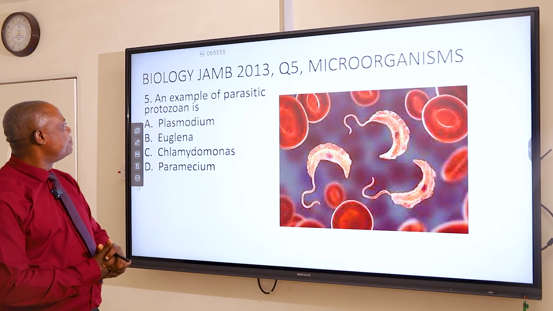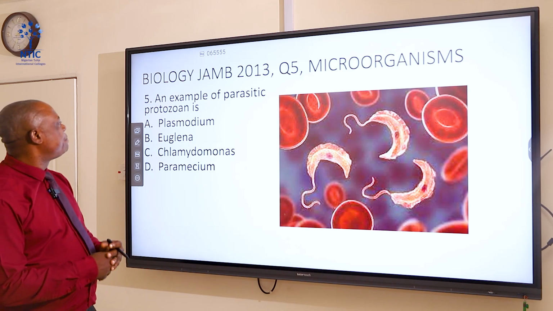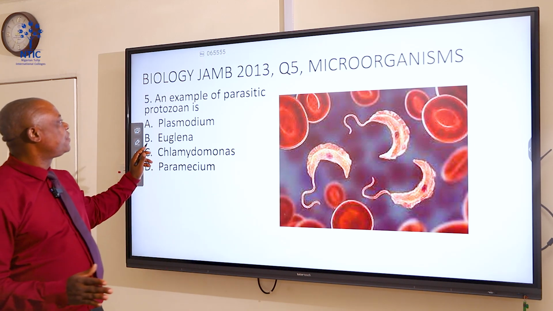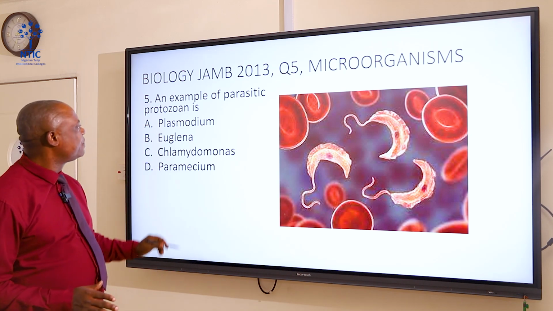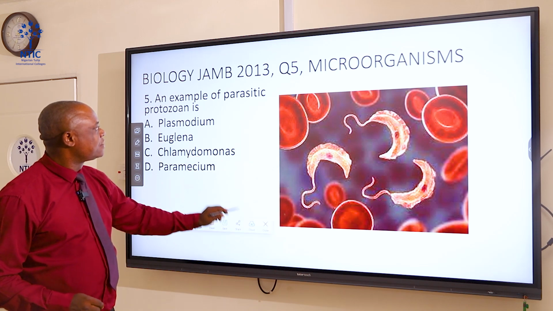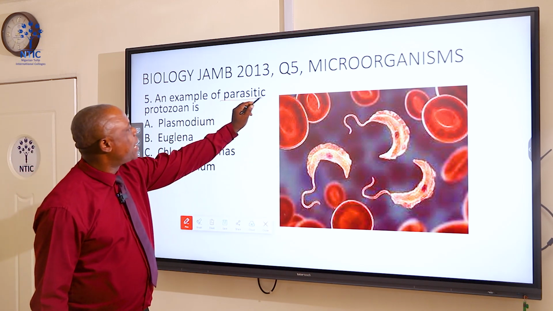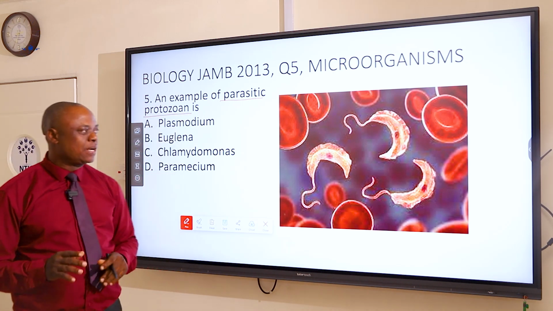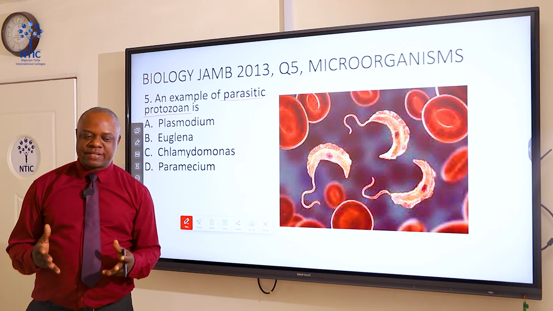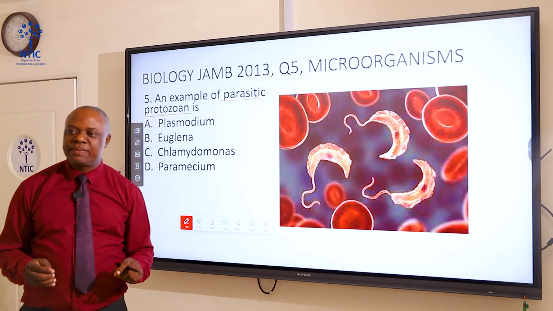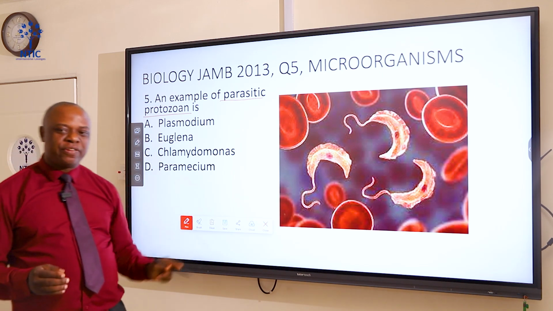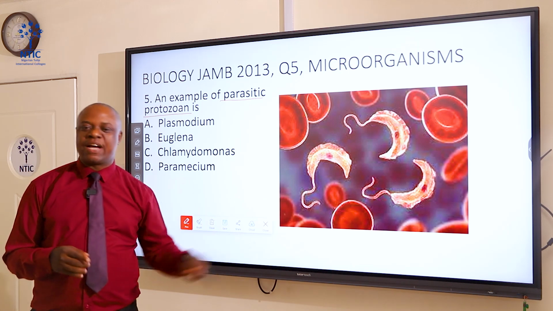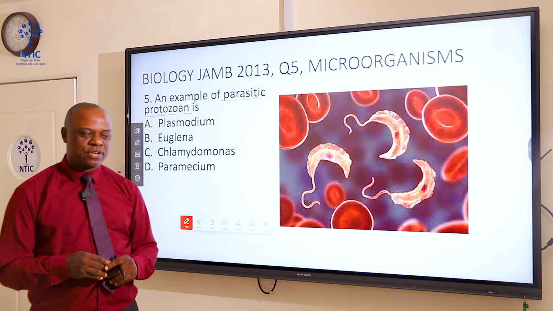The next, question number 5. An example of a parasitic protozoa. That means there are different kinds of protozoa. The emphasis here is on parasitic protozoa. What do we mean by parasites? Parasites are organisms that live on another organism, derive their nutrients from that organism, which is a host, and at the same time cause harm to the host.